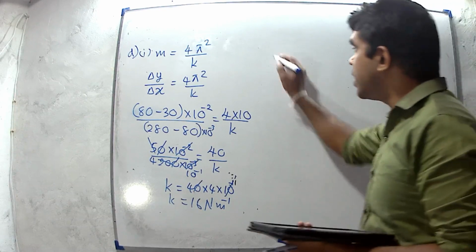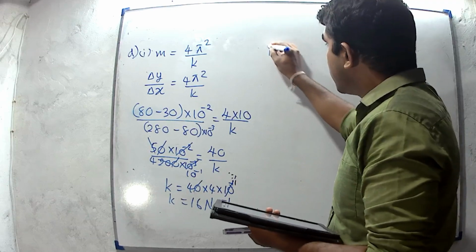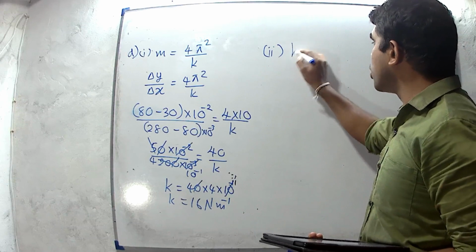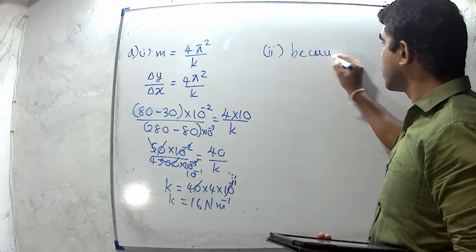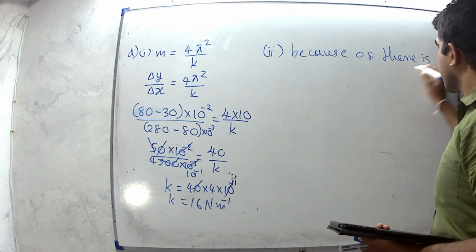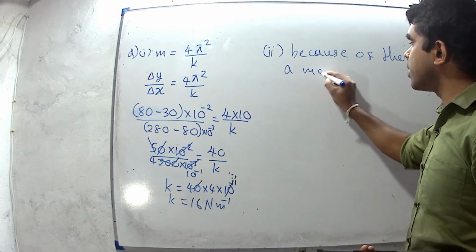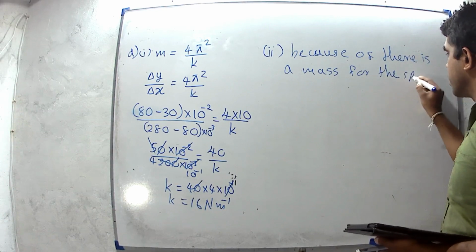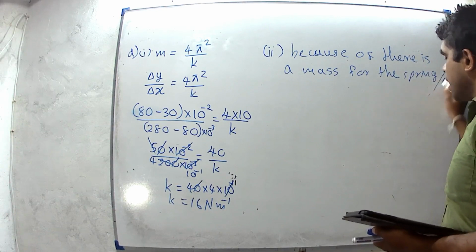We can write the answer for part 2 as: there is a mass for the spring.